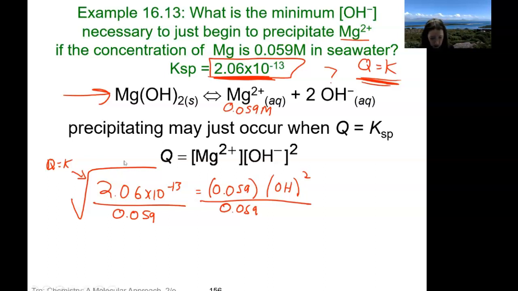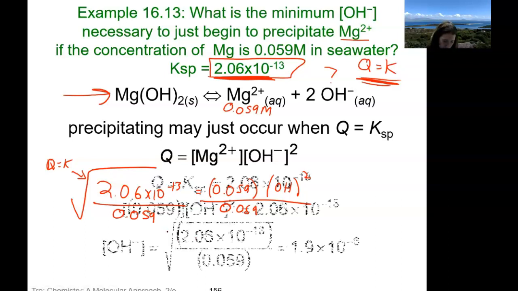I'm just moving my computer down here. That's going to be our concentration of OH just when it begins to precipitate. So at what point will it begin to precipitate? When you do this, I think I have this neater here. I do.